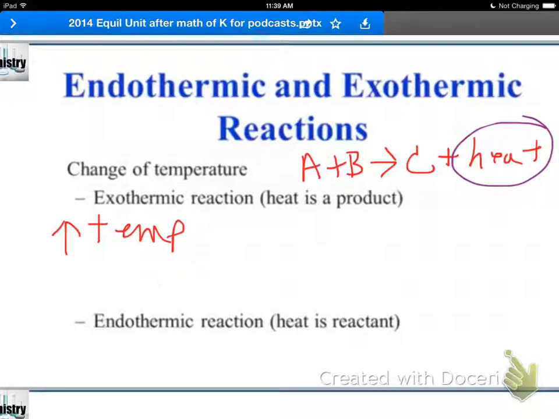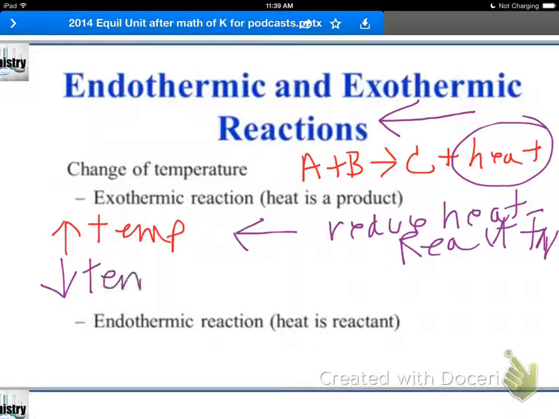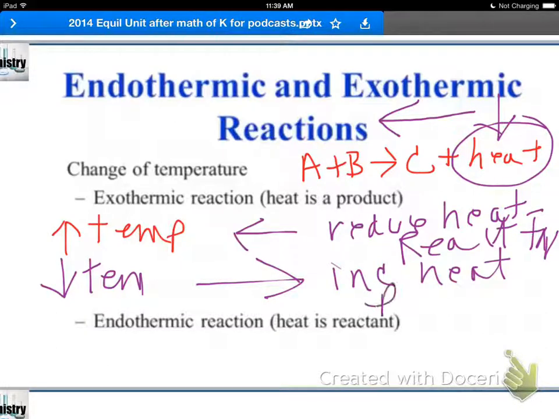So if I'm increasing the heat, the system shifts left to reduce the heat. So it's reactant favored. If I lower the temperature, that's like lowering the amount of heat. So I will shift right to increase heat. So it is product favored.